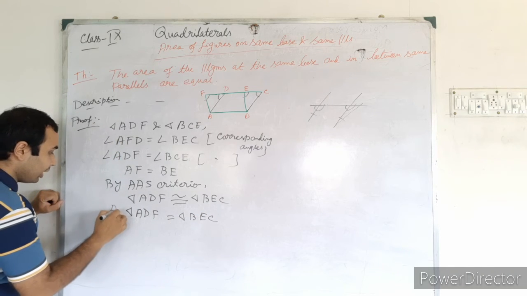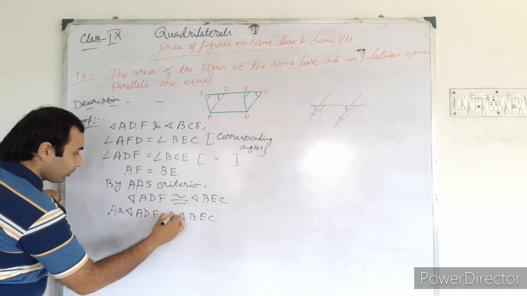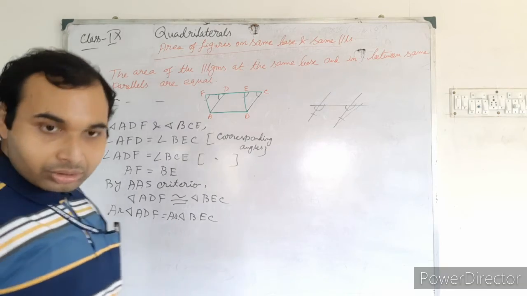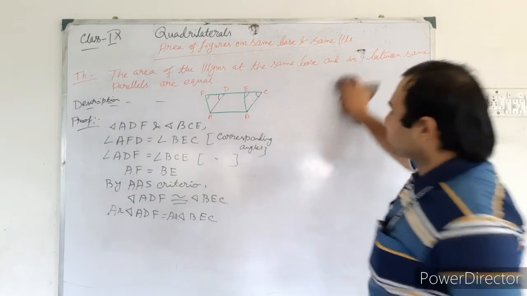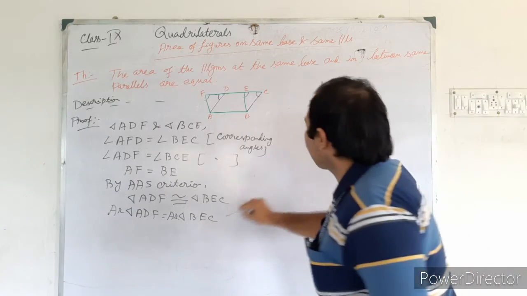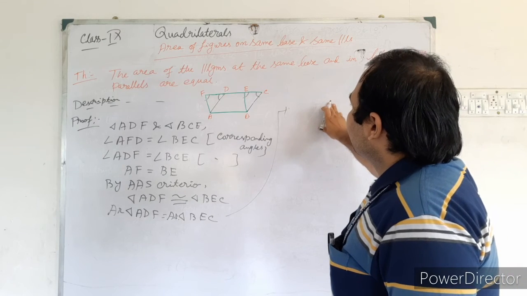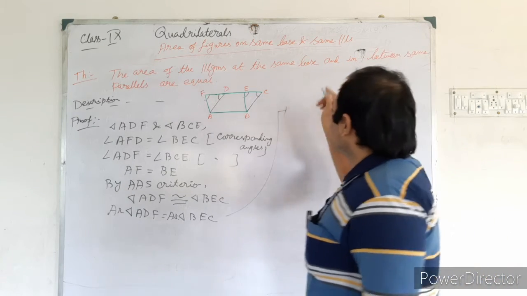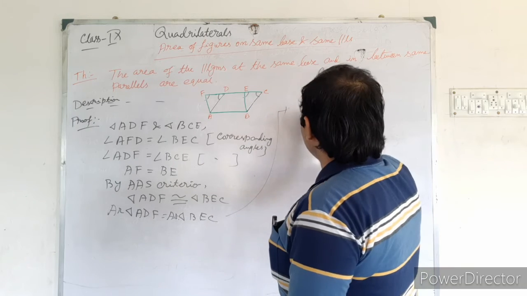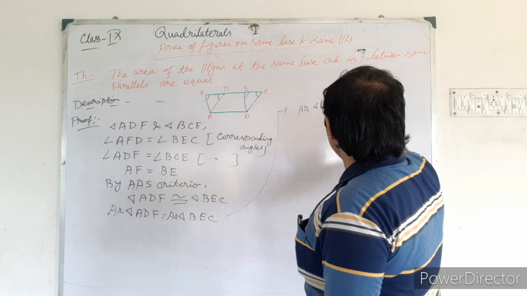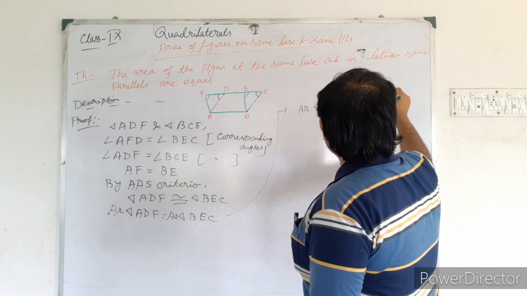Here you can write area: area of triangle ADF is equal to area of triangle BEC. Up to this we have proved. Now where we will use this, let us see. Another time I am writing area of triangle ADF is equal to area of triangle BEC.